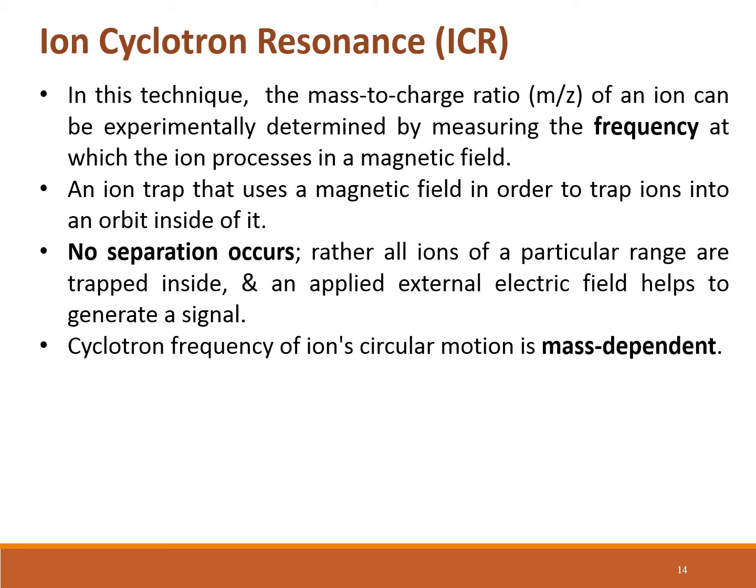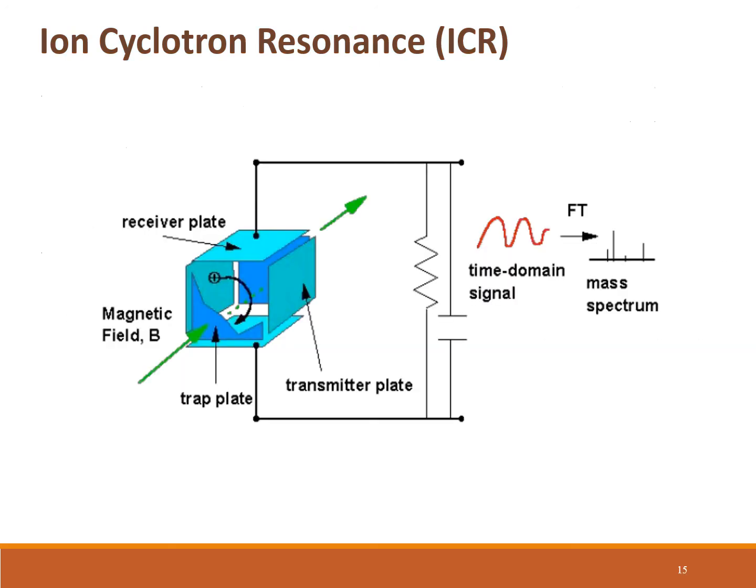Rather, all ions of a particular range are trapped inside, and an applied external electric field helps to generate a signal. So the cyclotron frequency of the ion's circular motion is mass dependent. This is an illustration of ion cyclotron resonance occurring in the mass analyzer.